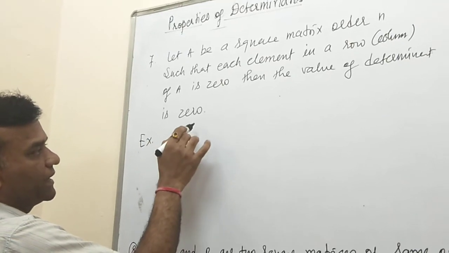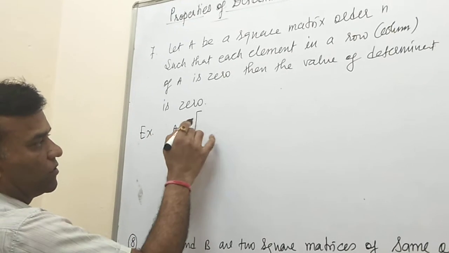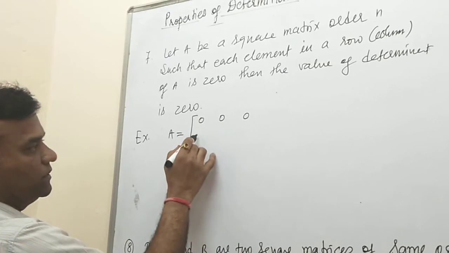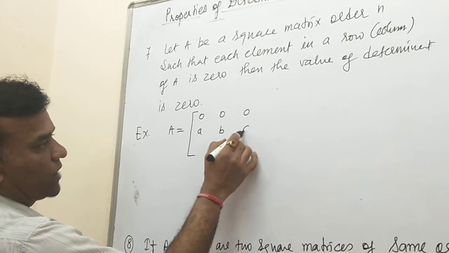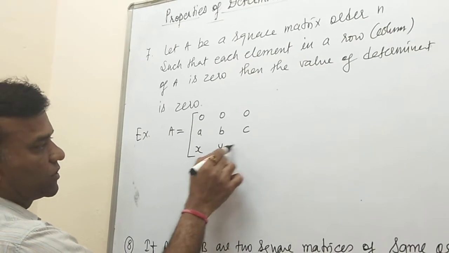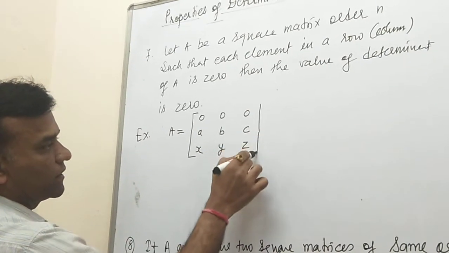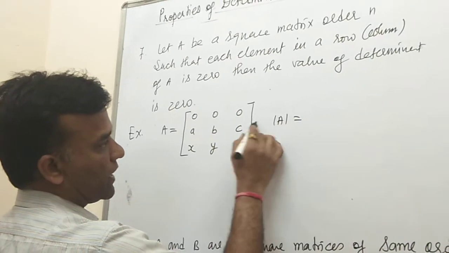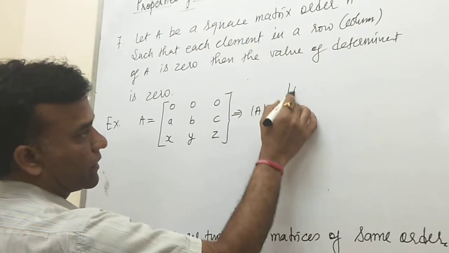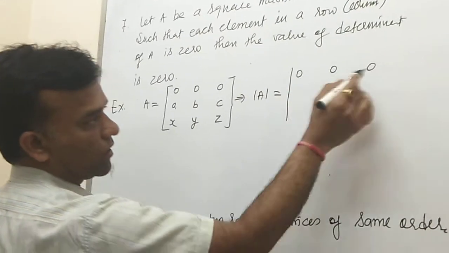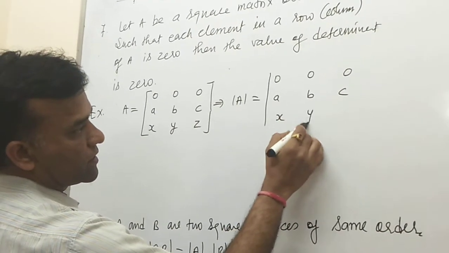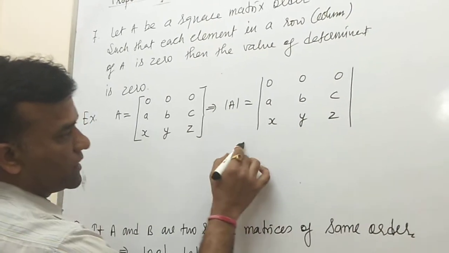Suppose you have a determinant where the first row has all 0, and the second and third rows have elements, and you want to find its determinant. Because the first row has all elements 0, the answer is 0 without any solving.